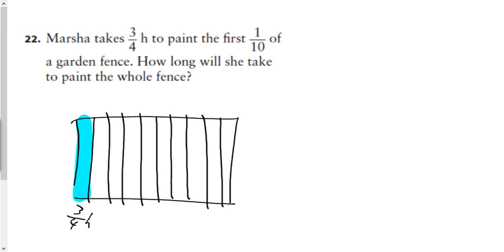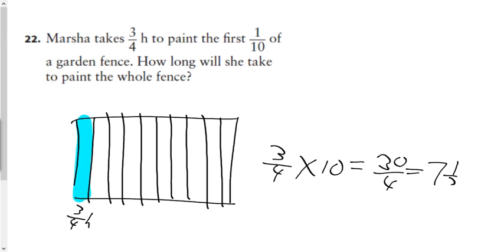So if it took her 3/4 of an hour to do that, we know that if we take that 3/4 of an hour and multiply it by 10, it will take her 7.5 hours to complete the fence. 45 minutes for each slat, 7.5 hours in total to paint the entire fence.